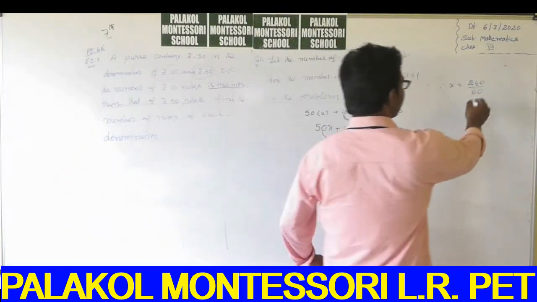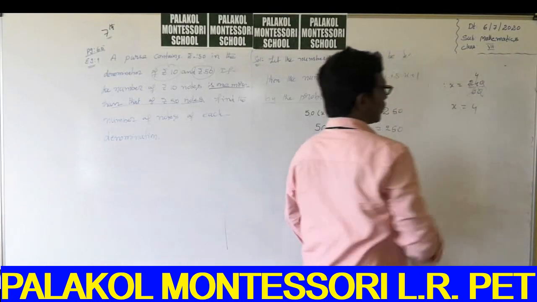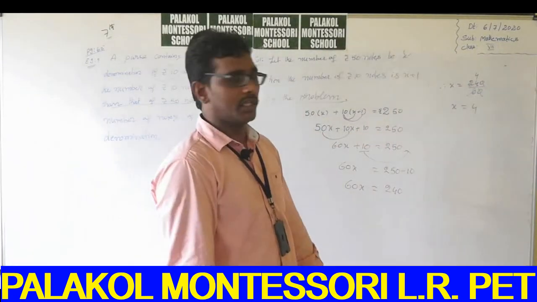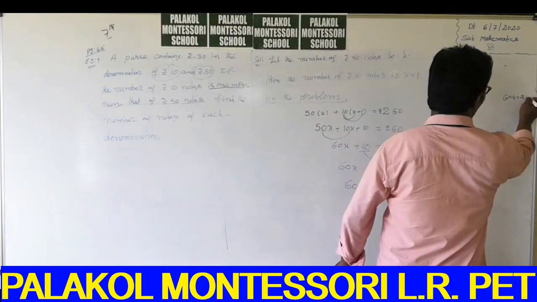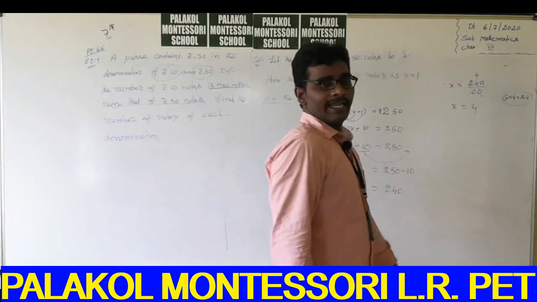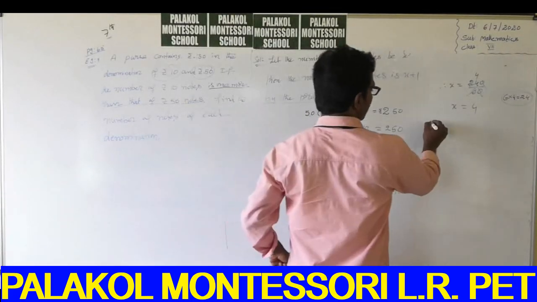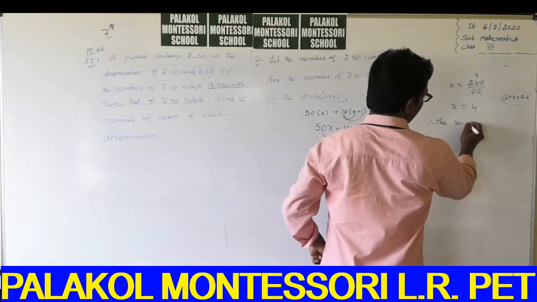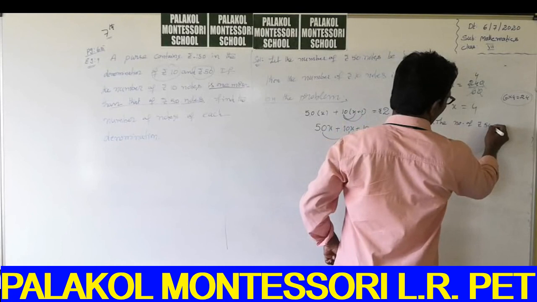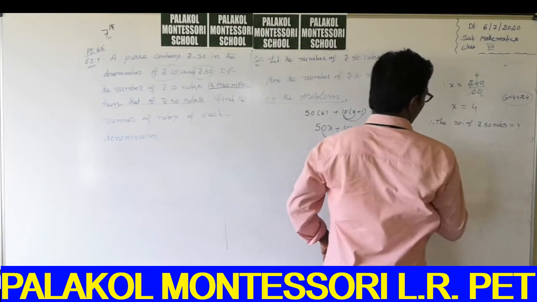0, 0 cancel, guys, this is 4 times. x is equal to 4. 6 4s are 24, you know that? x is represented by the 50 rupees notes, therefore the number of 50 rupees notes is equal to 4.